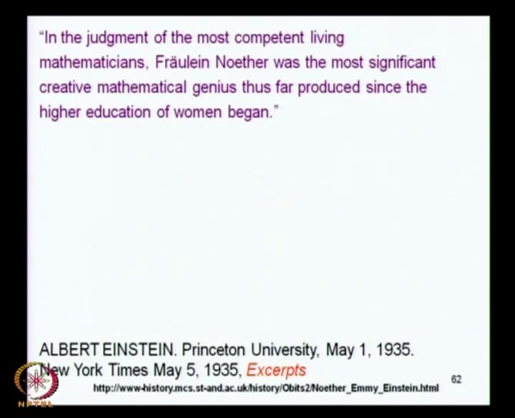I would like to conclude by quoting from Einstein's tribute to Noether, who very sadly died rather young. Einstein wrote in the obituary which was published in the New York Times in 1935 that in the judgment of most competent living mathematicians, Fräulein Noether was the most significant creative mathematical genius thus far produced since the higher education of women began.